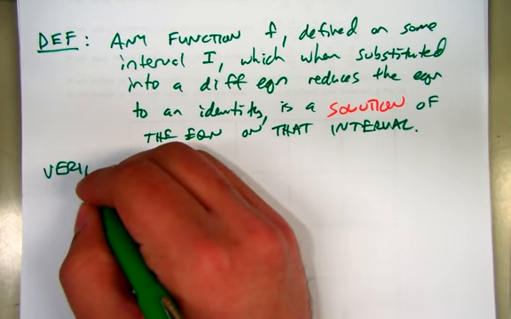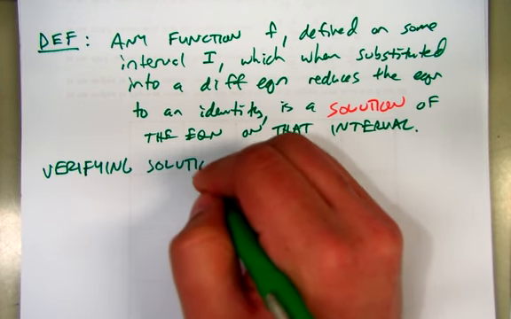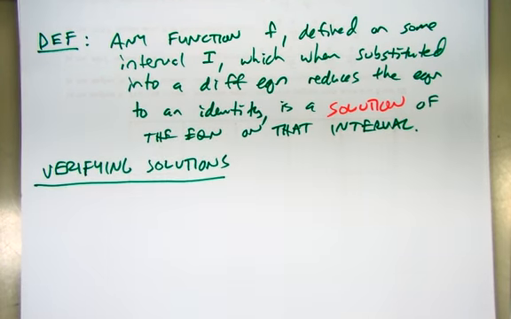So now that we know what solutions look like, you should be able to verify, if you are given a differential equation and it says here's a solution for it, that it actually is the solution.